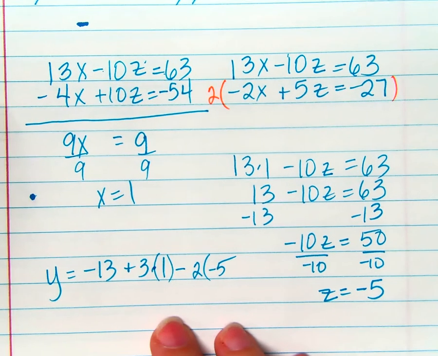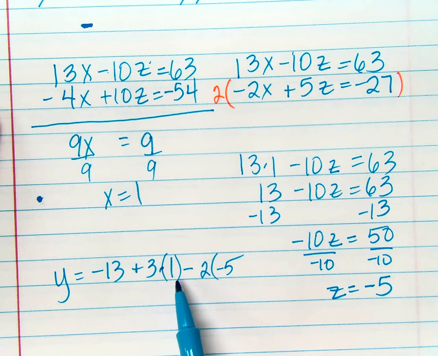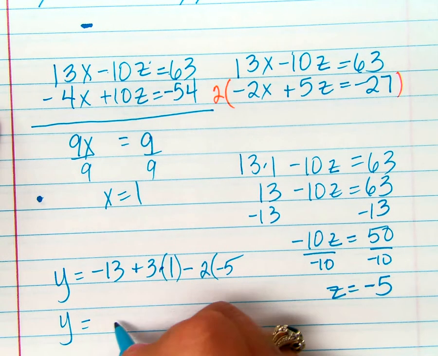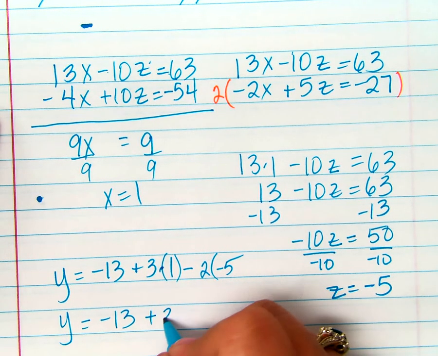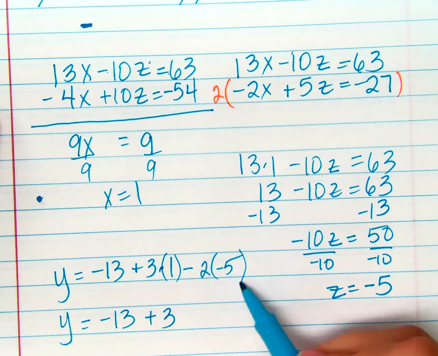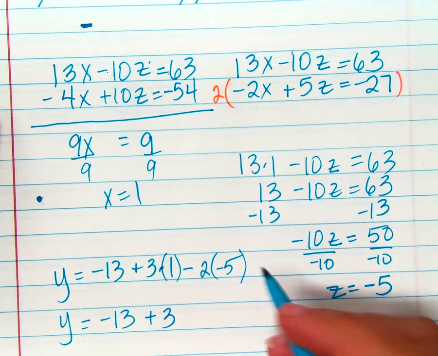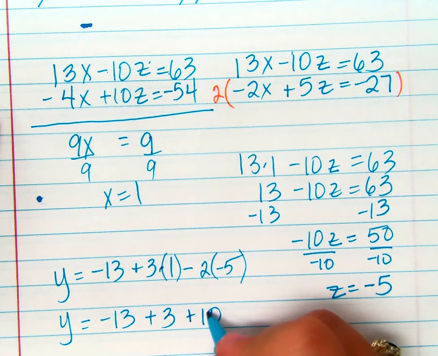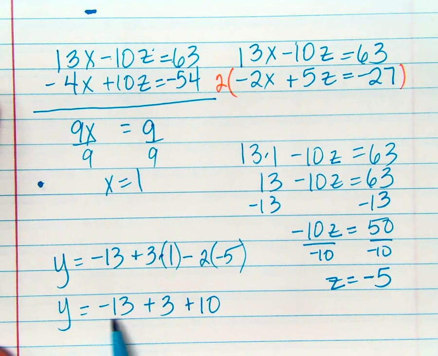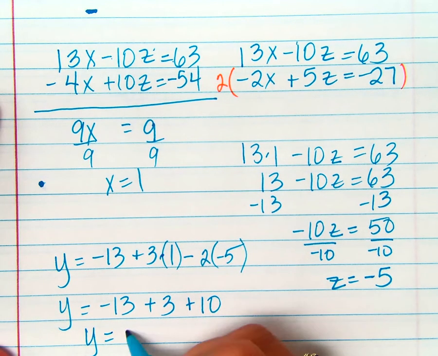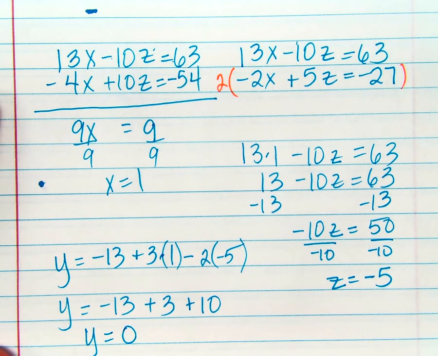Okay, does anyone know what 3 times 1 is? Oh my gosh. Y equals negative 13 plus 3. What's negative 2 times negative 5? Positive 10. So what's negative 13 plus 3 plus 10? Y equals 0.